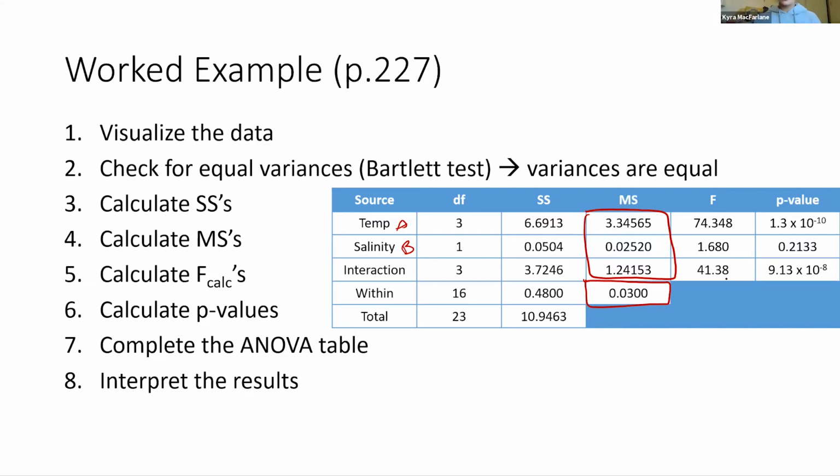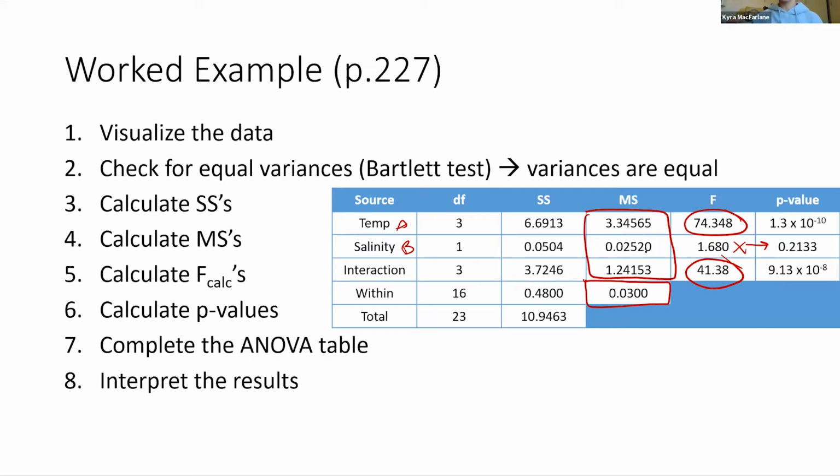All of them are greater than 1, but this one is significantly bigger, and then this one is just a little bit bigger than 1. Looking at our p-value, we see that it is not significantly bigger than 1, meaning our mean squares for salinity is not significantly bigger than our mean squares within.